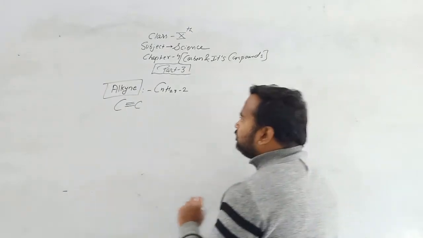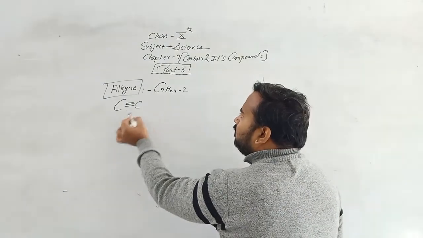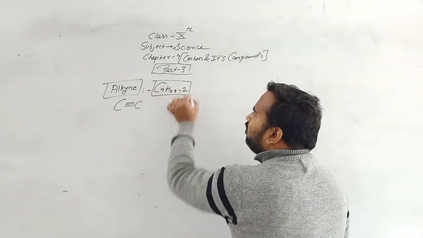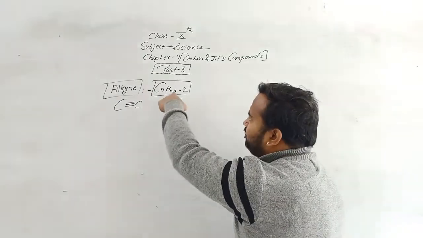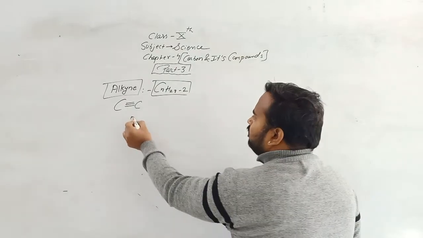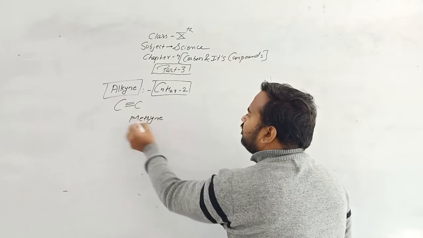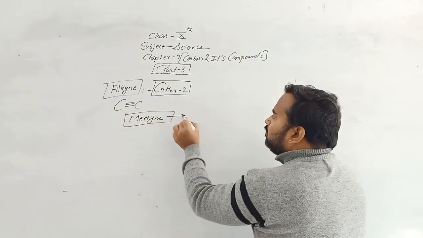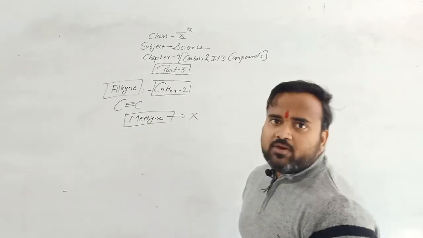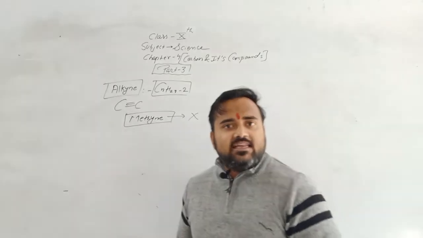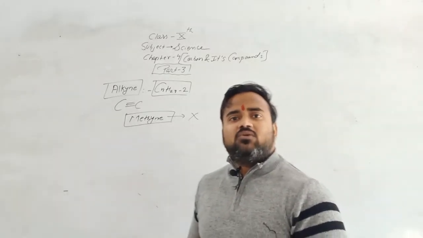Now, can we have the formula of methyne on the basis of CnH2n-2? The formula of methyne is not possible because in alkyne there is a triple bond between two carbon atoms.